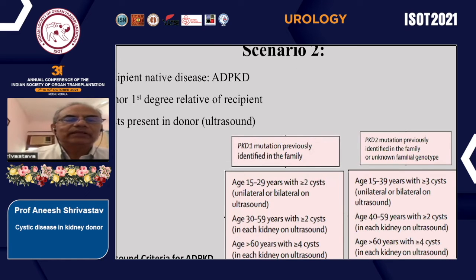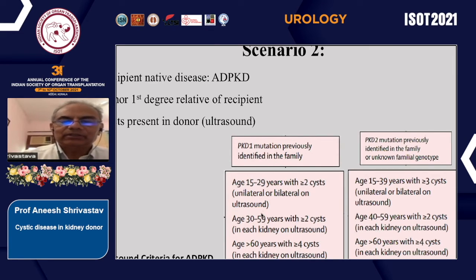Now, in this scenario, the recipient again has ADPKD and there are cysts seen on the ultrasound. Here, this is the historical criteria of Ravine. We can follow it if there is a known PKD mutation in the family.